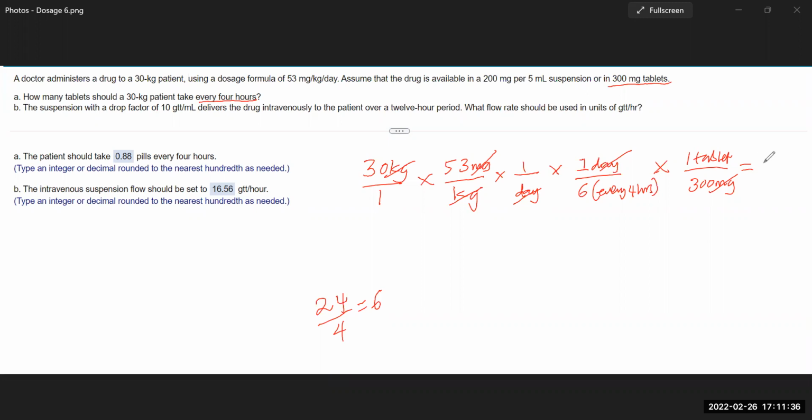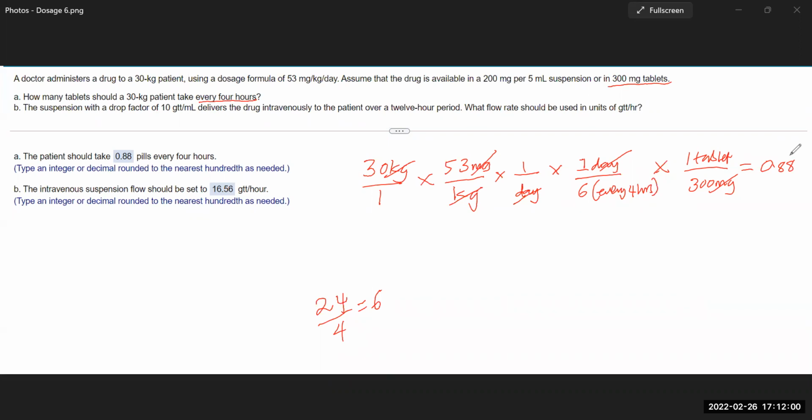If you do this, you multiply 30 by 53, by 1, by 1, by 1, and then you divide by 6 times 300. That should give you 0.88 pills every 4 hours.